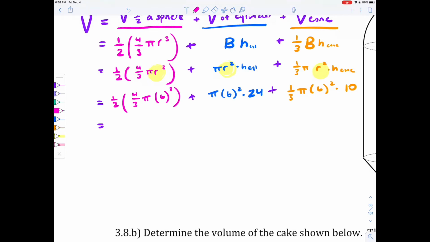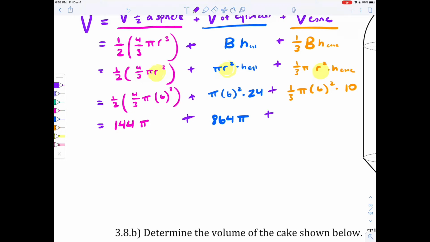And when I do that, I believe I get 144 pi. Okay. And the next one here, when I get 6 squared times 24, I have 864 pi. And in purple.